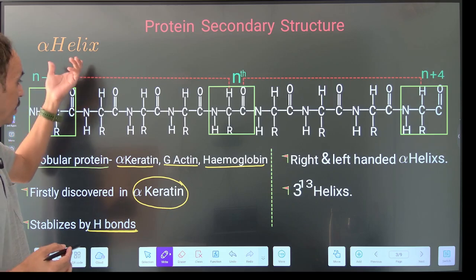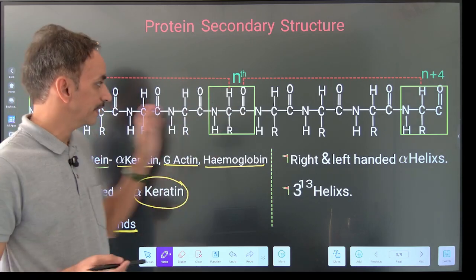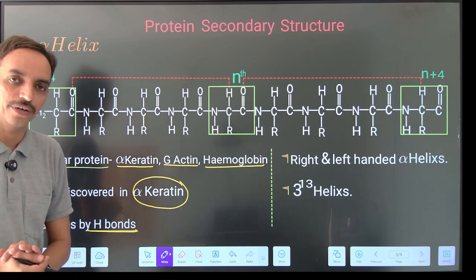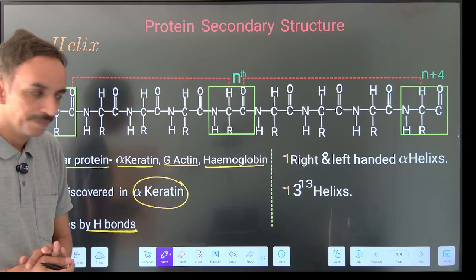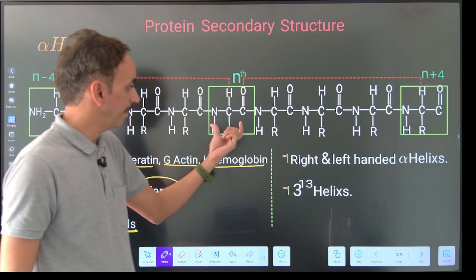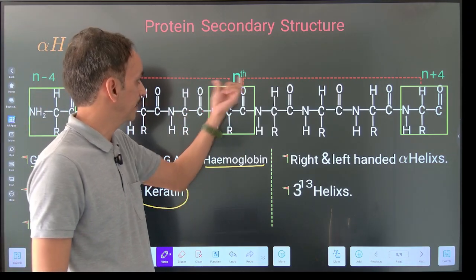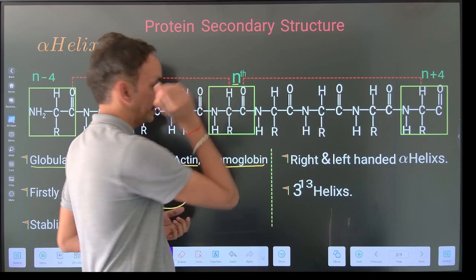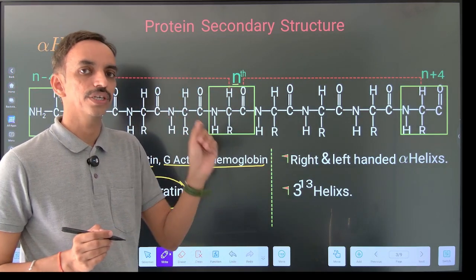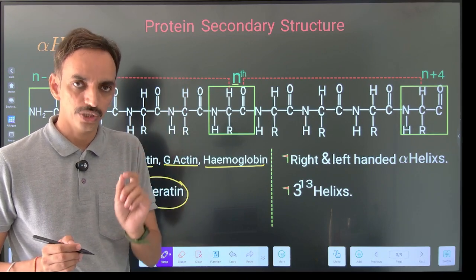If we talk about the structure and the bonding of these alpha helices, this structure again is representing a polypeptide or the protein chain. Within this polypeptide, suppose we have an amino acid. One amino acid in the alpha helical structure can form two hydrogen bonds.